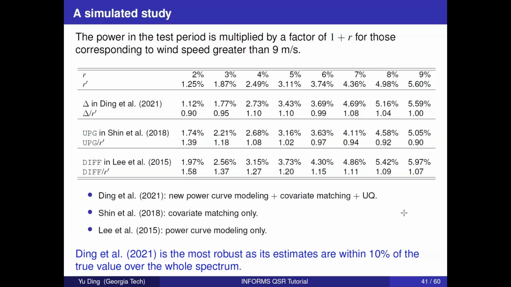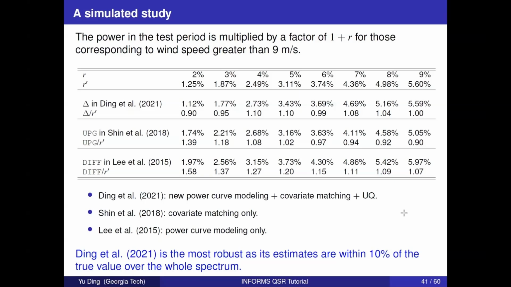So even though we call the other turbine the test turbine, it's just for naming purposes only. And we select a time point as the presumed time of upgrade, and then apply a certain percentage increase of the power to the test turbine, but only for wind speeds greater than 9 meters per second.